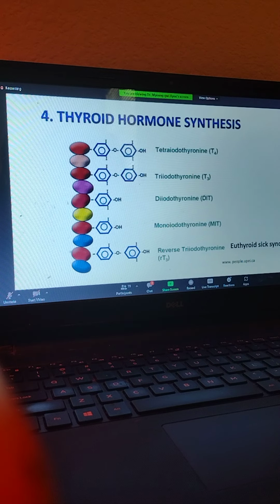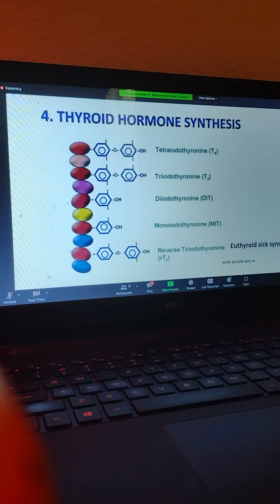One pathological condition associated with that is euthyroid sick syndrome. So this syndrome has abnormal T3 and T4 levels in the blood. It's because of abnormal thyroid feedback systems. The thyroid gland is functioning, but we have too much of this RT3, so that the TSH level is not much stimulated.